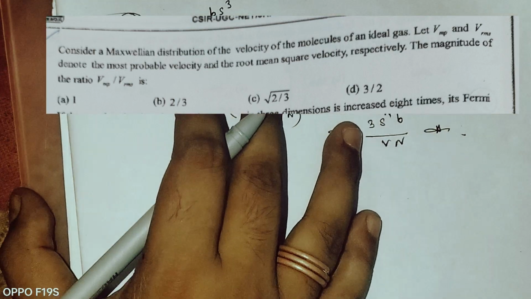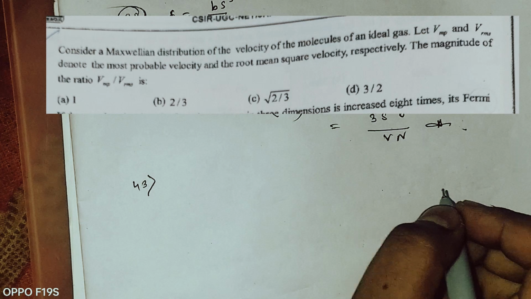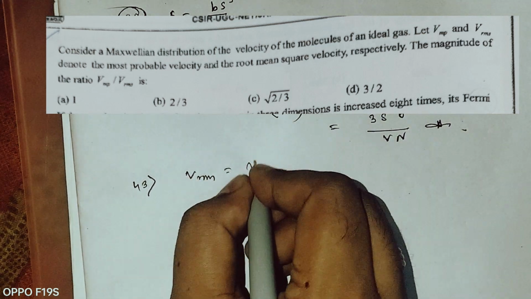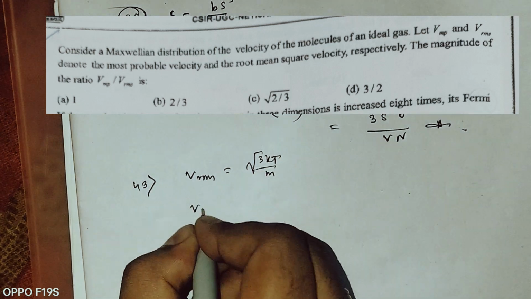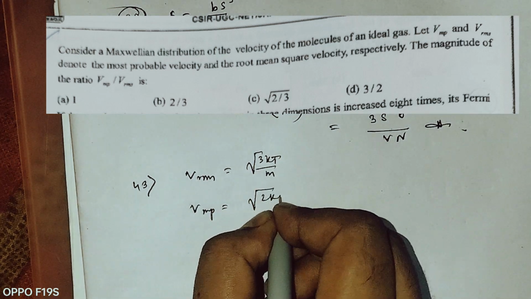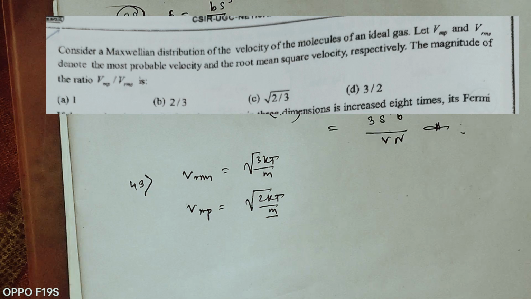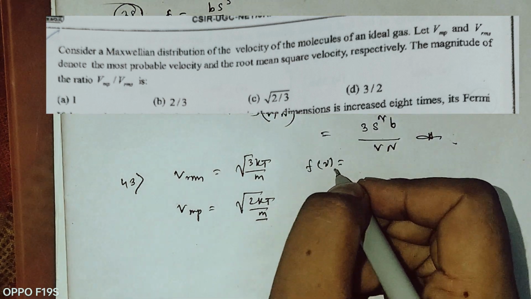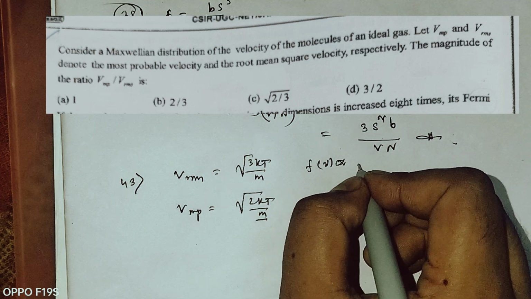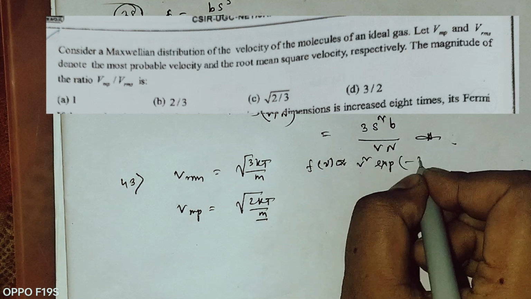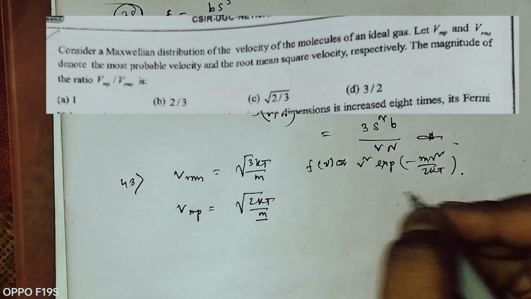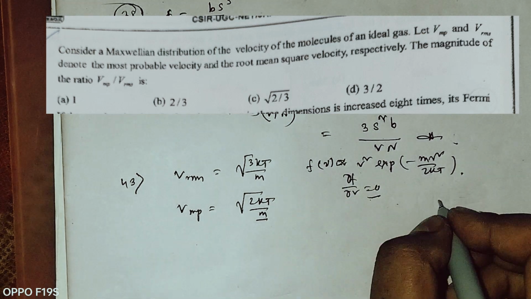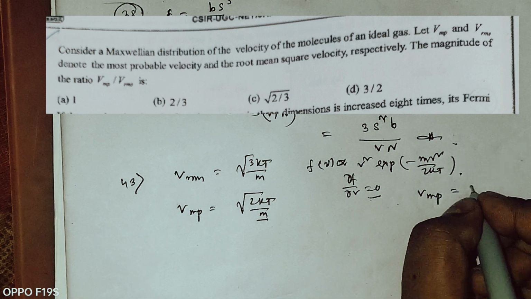Fine. So I think you know v rms equal to root 3 kT by m and v most probable equal to root 2 kT by m. And from where are you getting this? You know the Maxwell distribution f(v) equal to a constant times v squared exponential minus m v squared by 2 kT, and then you find del f by del v equal to 0 for maximum or minimum, and from here you will get v most probable.